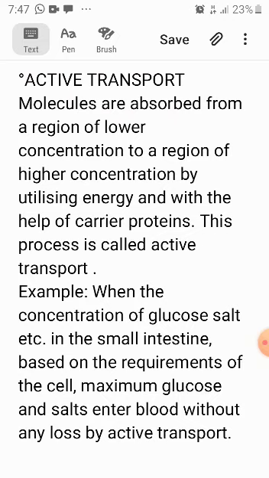In it, absorption takes place from the lower concentration to the higher concentration, so using energy and carrier proteins is essential.